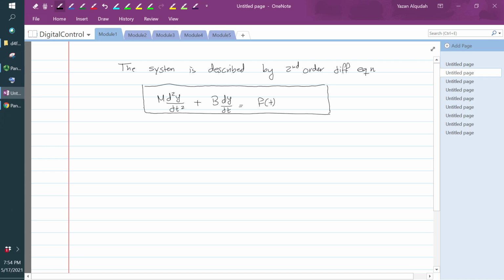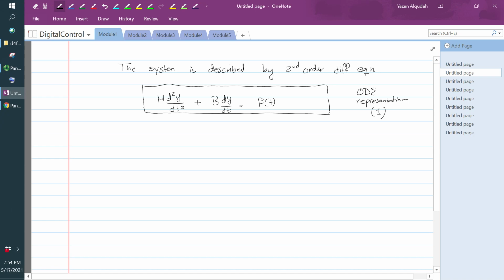Okay, so this is the first method of representing a system, ordinary differential equation representation.